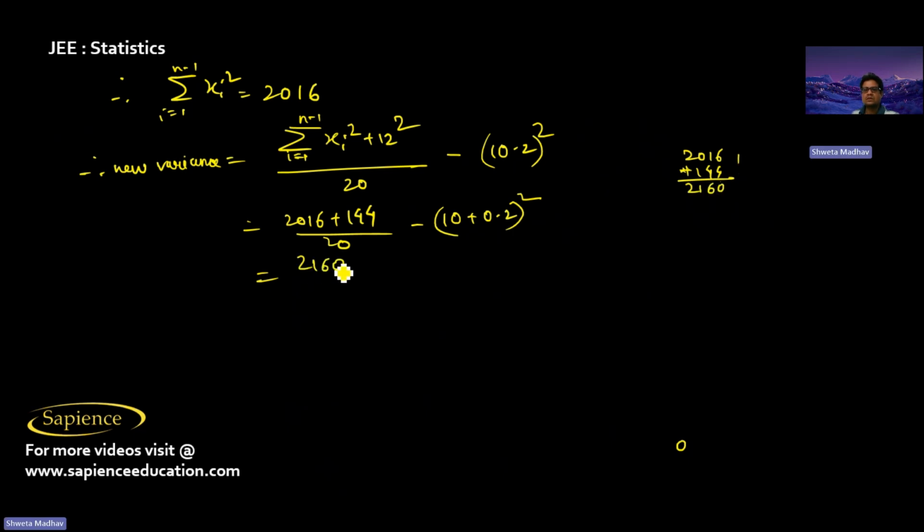So this will be 2160 divided by 20, minus 100 plus 0.04 plus 2 into 10 into 0.2, so this is 0.4 into 10, that is 4.